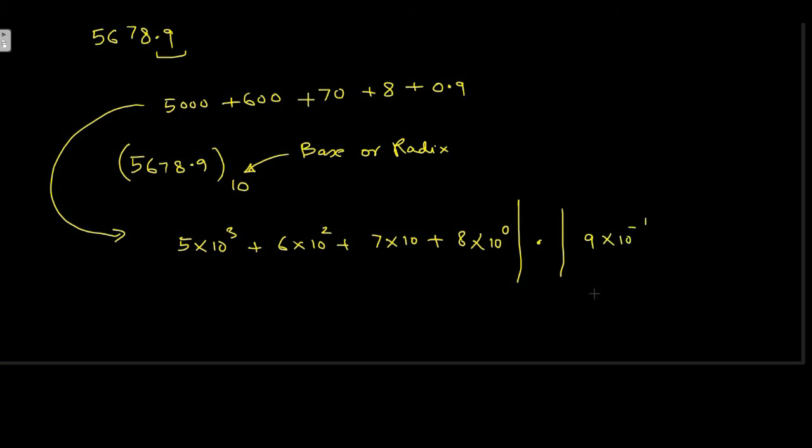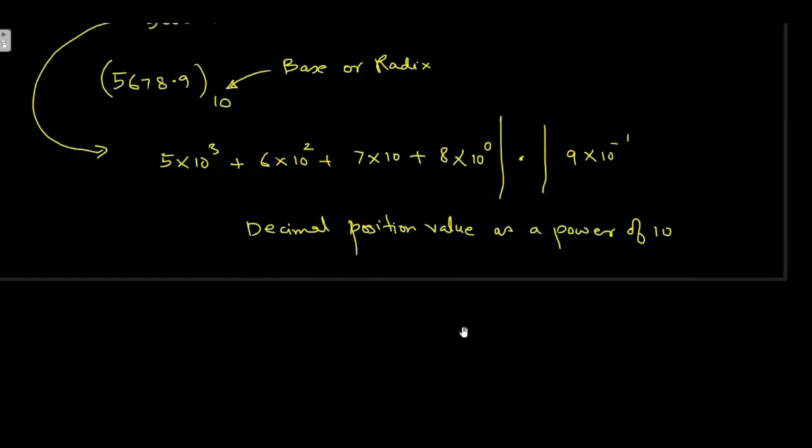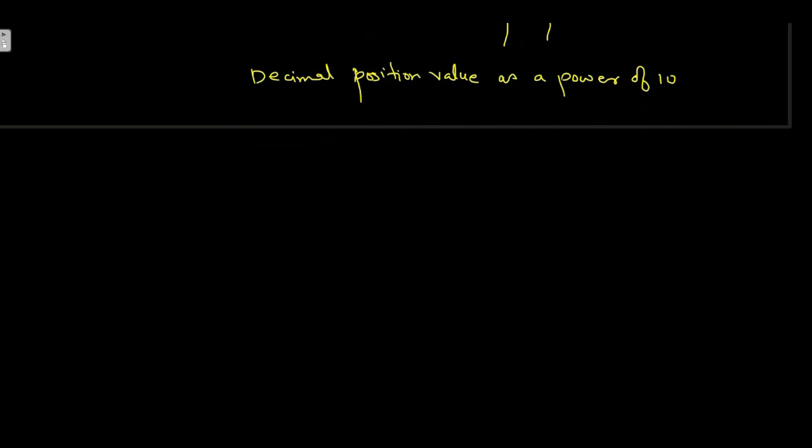So in this way we can write it. These are the decimal position values, as powers of 10. Now we take one example here.